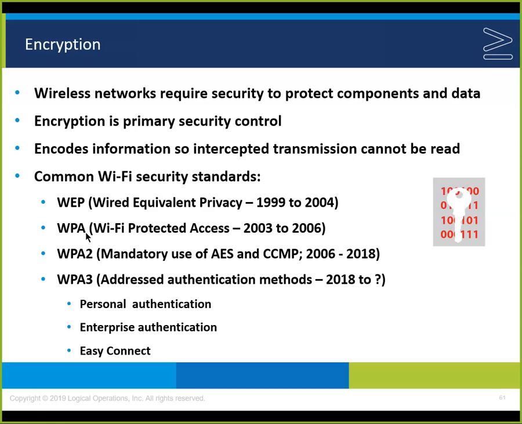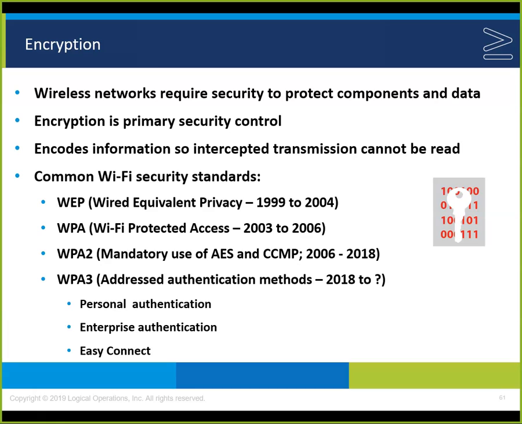WPA 2003 was an intermediate step. It introduced temporal key integrity, the TKIP protocol, which used a different key in order to encrypt each of the data packets that left the device. So it became a lot more secure.